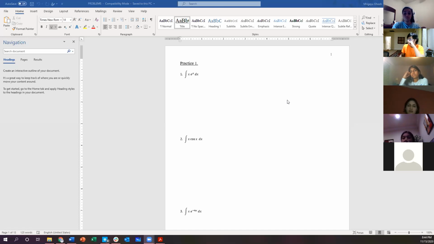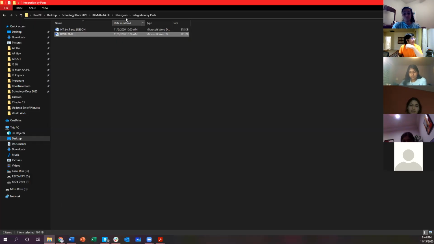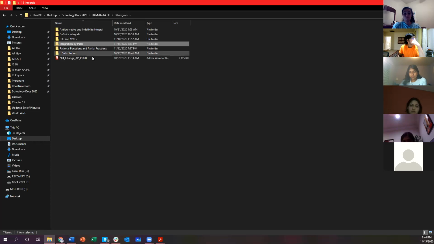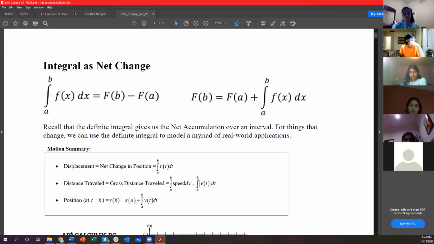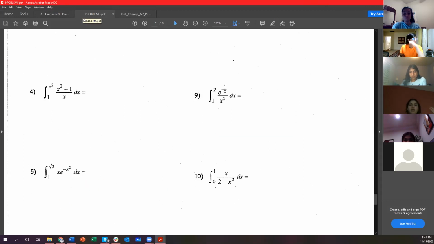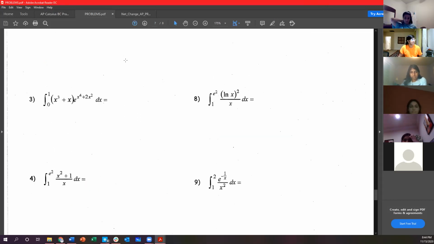We tried to use b minus a over n to find delta x, but that's not what gave us the delta x she was using. For which one? I think a good example would be question 2 on the AP problems, page 3. AP problems on net change? Yeah. Okay, can we do that in a bit? I want to finish up integration by parts first. Okay. And we'll do that right after.